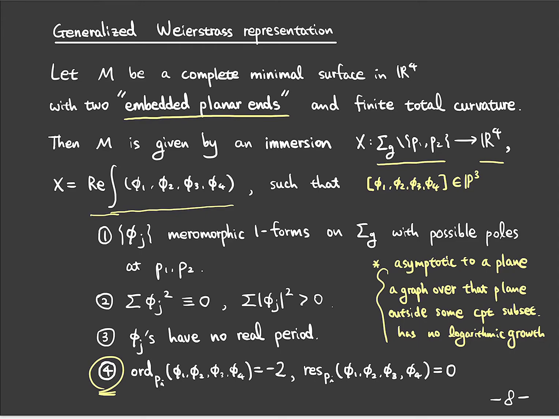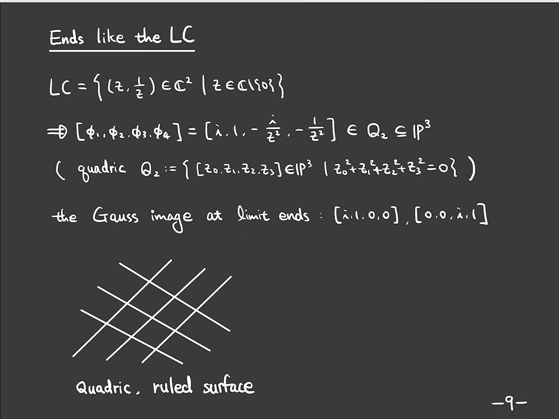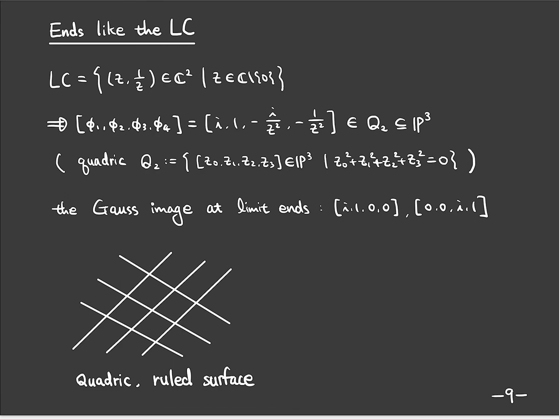Okay, then let me describe what it means for ends like the Lagrangian Catenoid. From the definition of the Lagrangian Catenoid, we may compute the generalized Gauss map as follows.